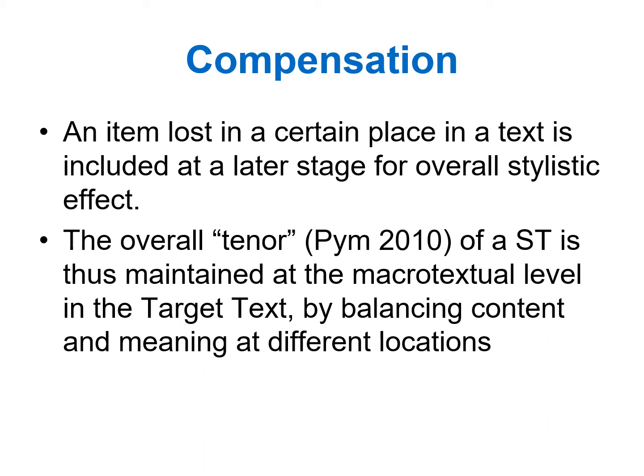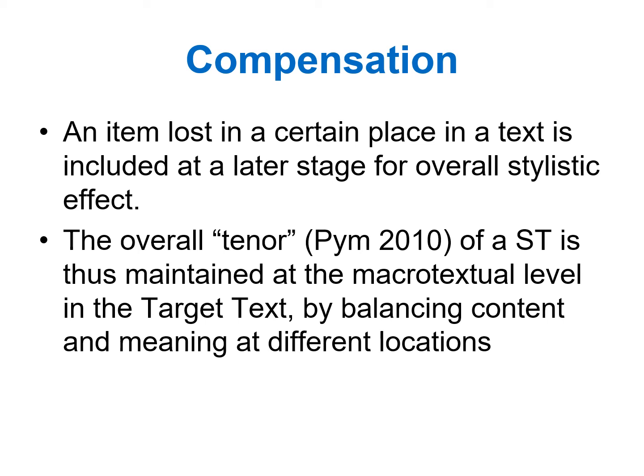And we find this tampering with the overall tenor, to use Pym's term, of a source text to maintain the overall effect at the macrotextual level in the target text by balancing content and meaning at different locations.